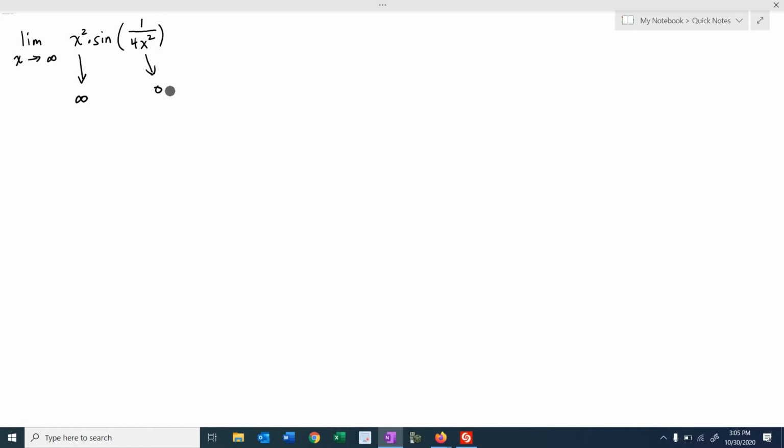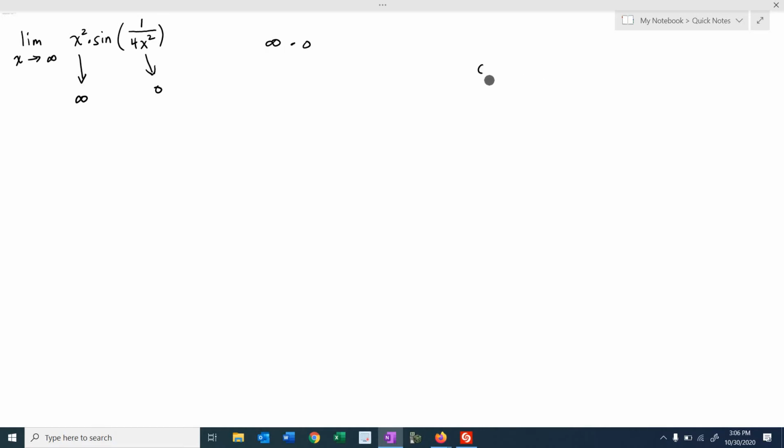So this is a really small number close to 0 being multiplied by a really large number. And unfortunately, we don't know what that's going to be equal to. That's why this is an indeterminate form. We call it infinity times 0. Okay, so it's still an indeterminate form.